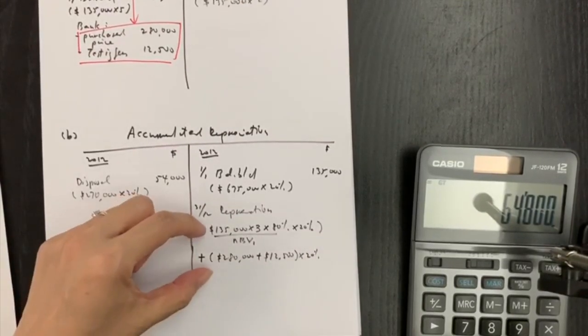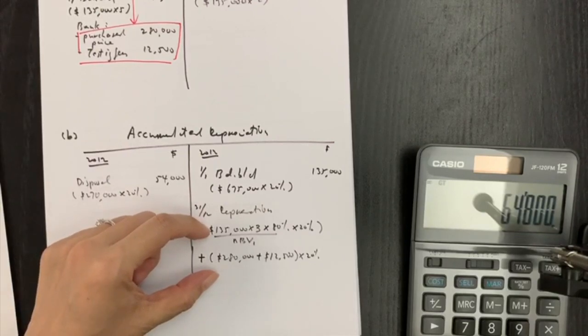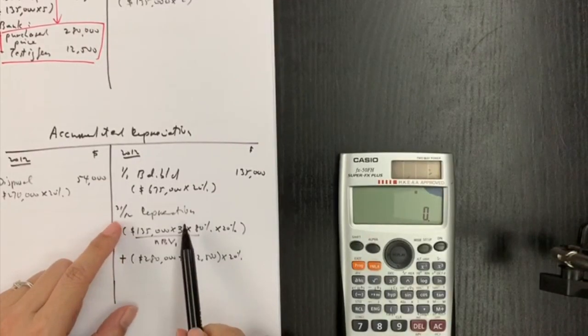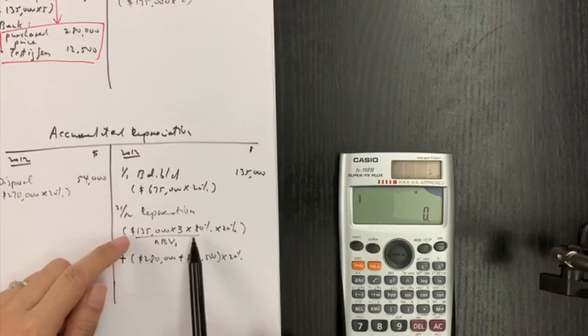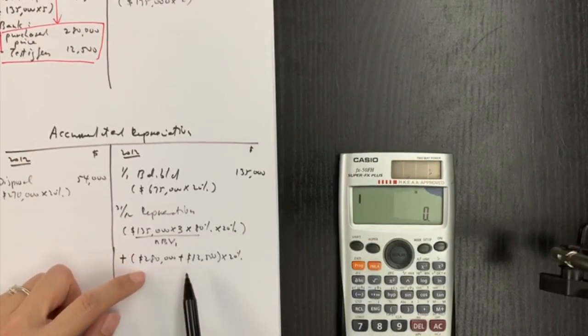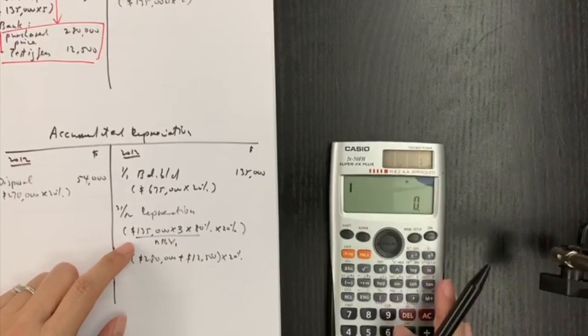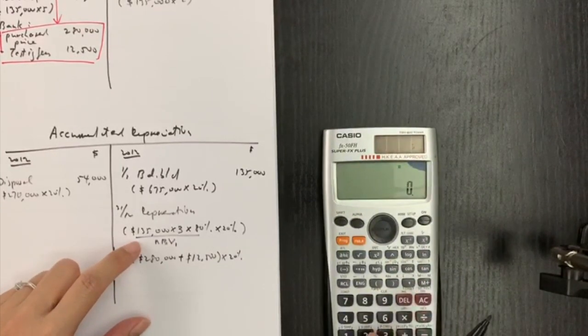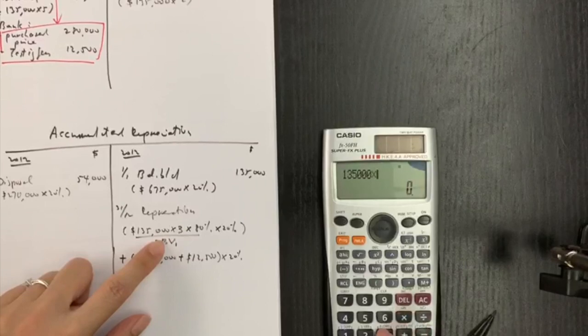So we have 2 parts for the calculation of depreciation. Okay, so to get the total depreciation for the existing equipment and also the new equipment, it is better to use a scientific calculator. So during the DSE exam, it is better that you bring both calculators to the examination hall.